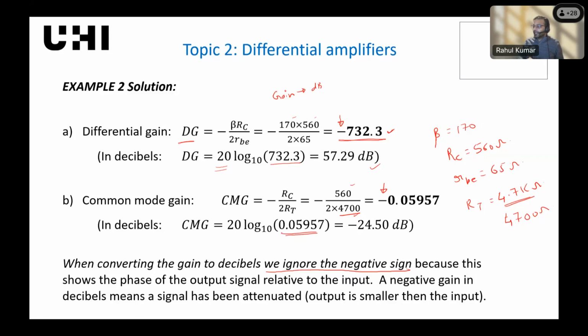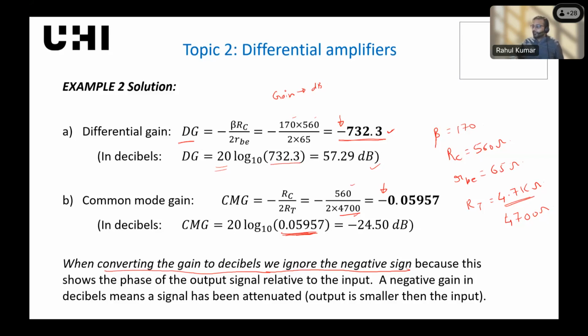Okay, so while converting the gains to decibels, we ignore the negative sign. But since this number is less than 1, approximately 0.06, if you take log of that, you will get a negative value.